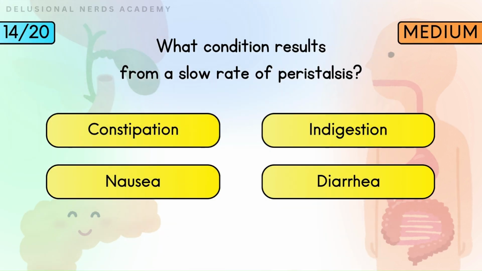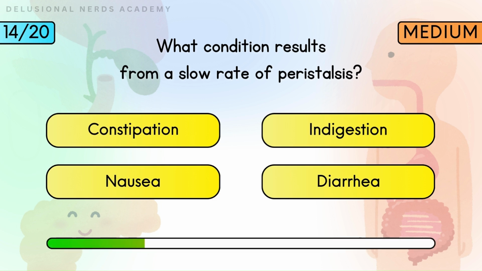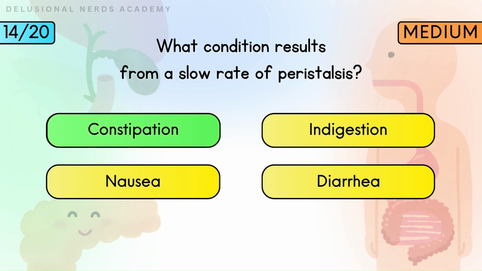What condition results from a slow rate of peristalsis? Slow peristalsis in the intestines leads to constipation.